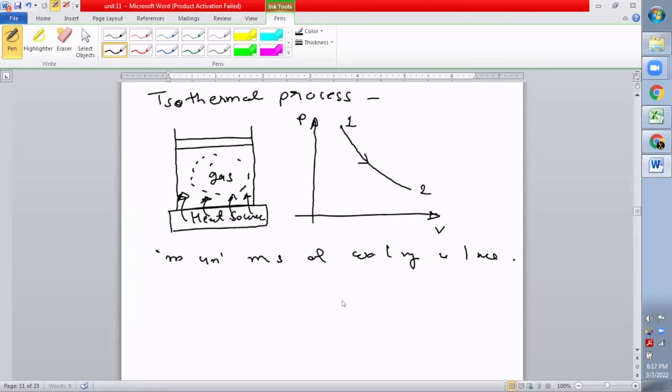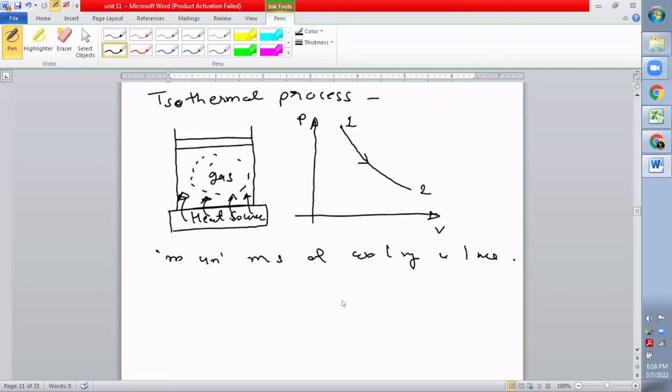Why are we deriving all these equations? Because this time the IMU is going to conduct the offline exam, and if you study the question paper pattern, for the 8 to 10 mark questions they used to ask these derivations.